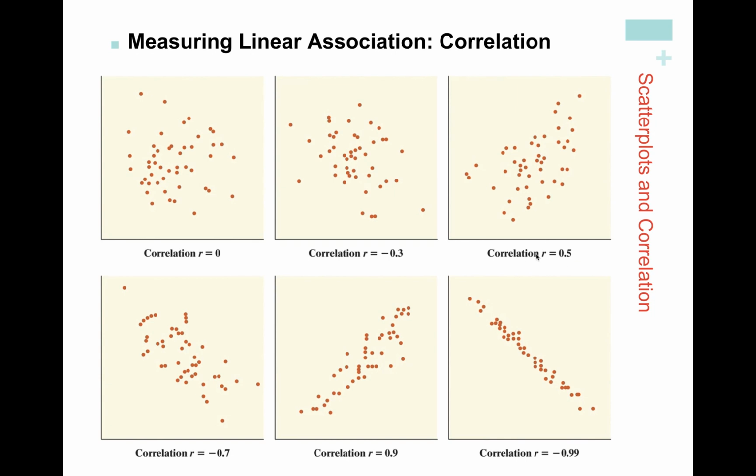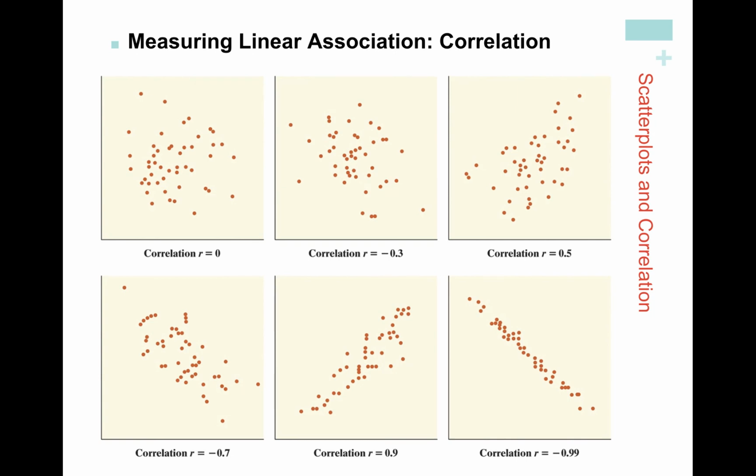Here's a stronger relationship in the positive direction, so r equals 0.5, going in this direction. Here's a very strong relationship in the negative direction where r equals -0.7. And here is an extremely strong positive association where r equals 0.9.